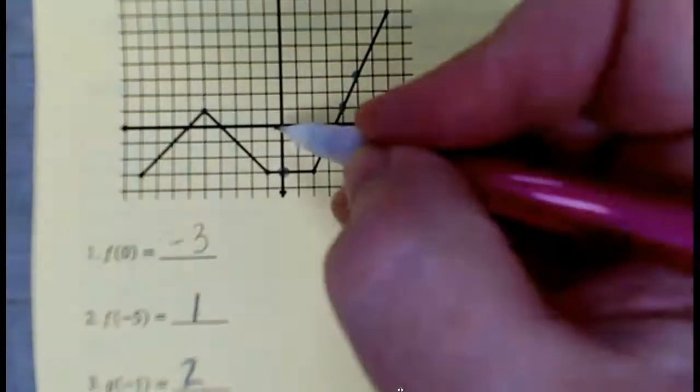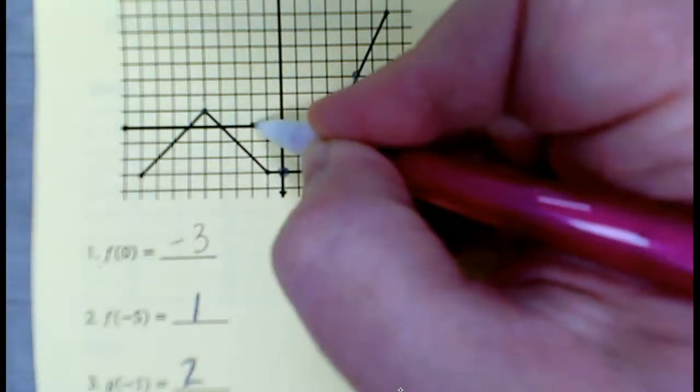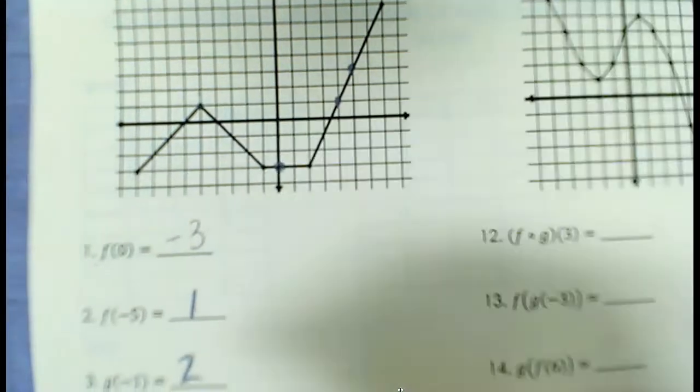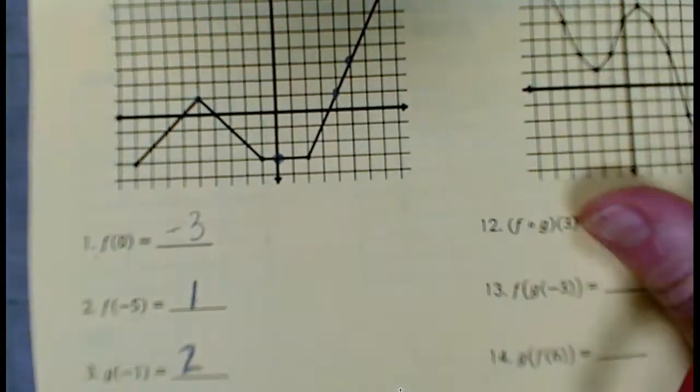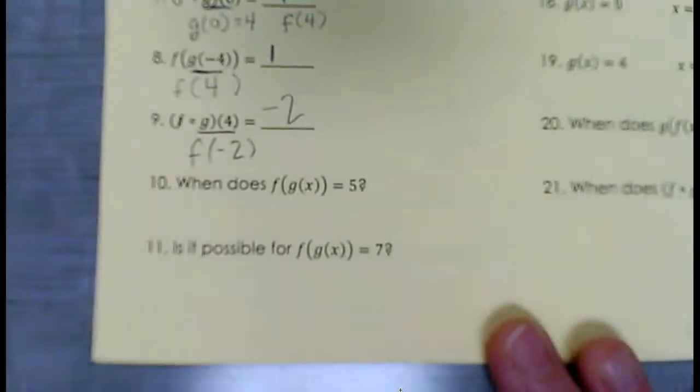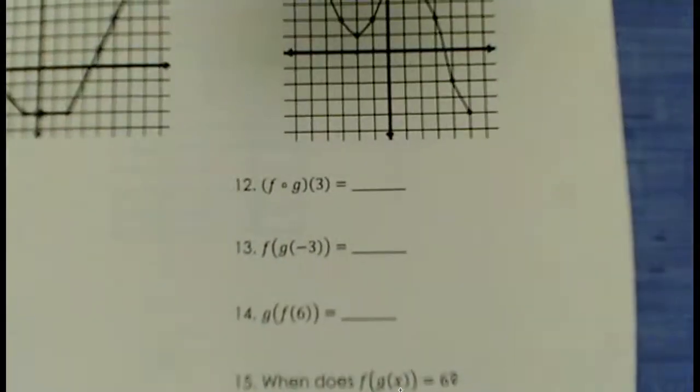Go to this graph and that will be a -2. We'll come back to 10 and 11. Let's look at 12.